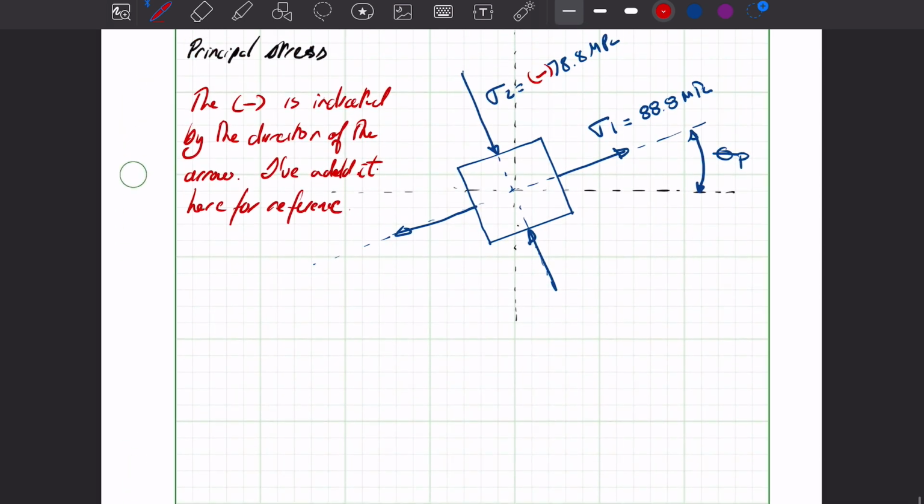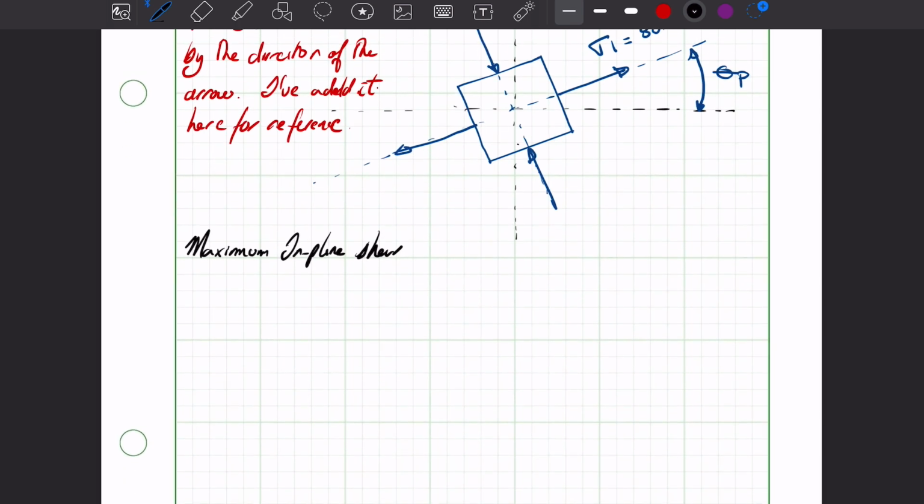And of course, if I'm going to do my rotation for the maximum in-plane shear, I would have a similar case. I'm going to draw this one in purple just to make it a little different, but I'm going to draw the first axis again.